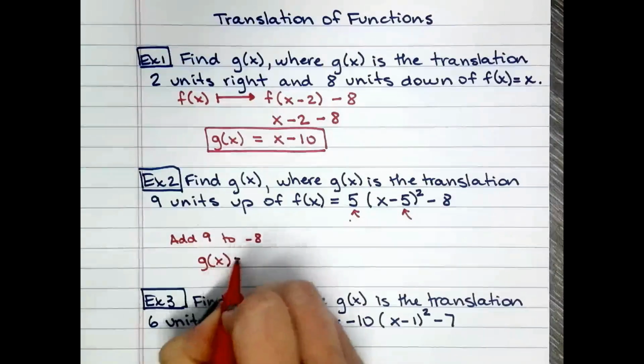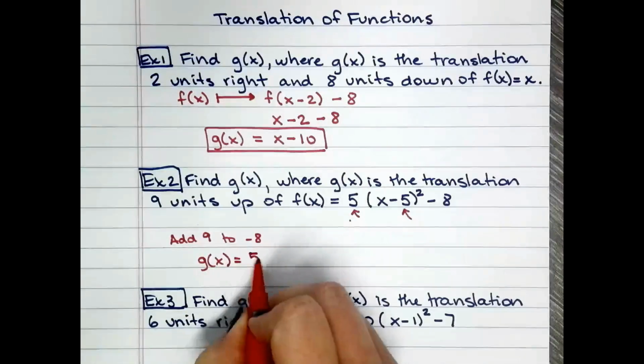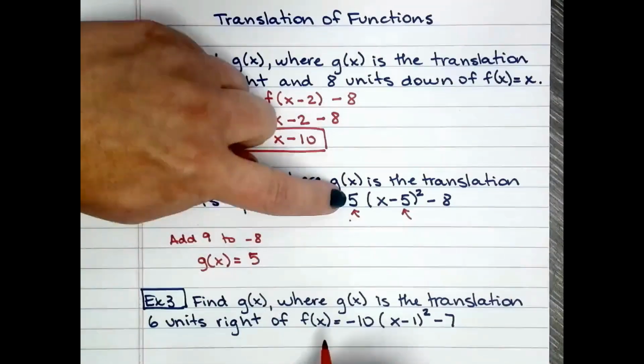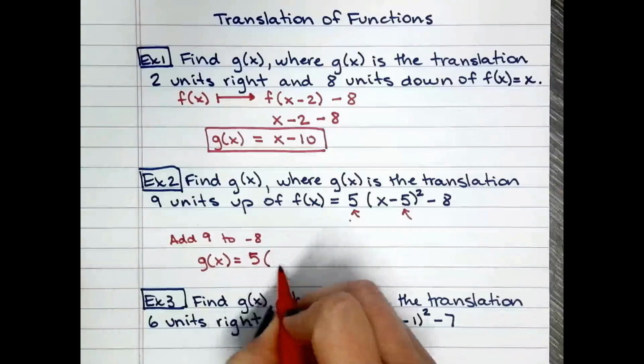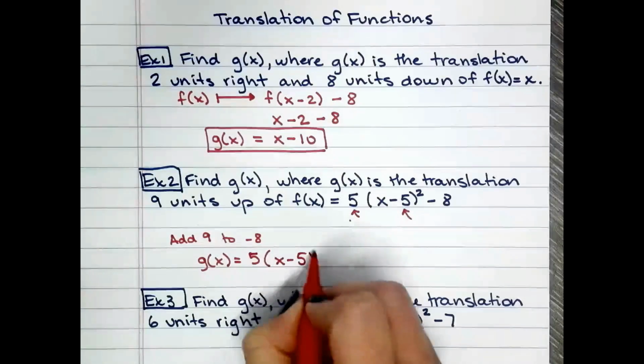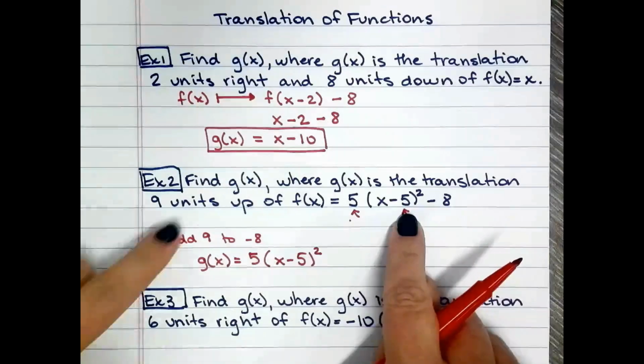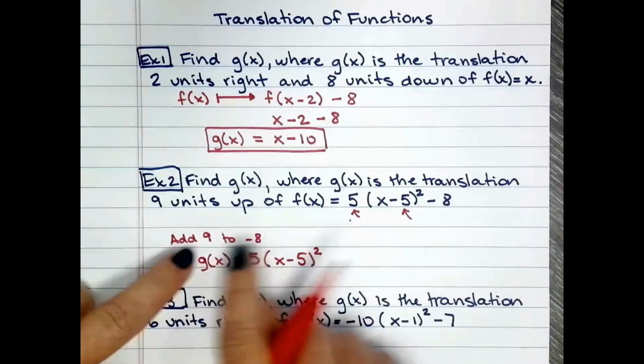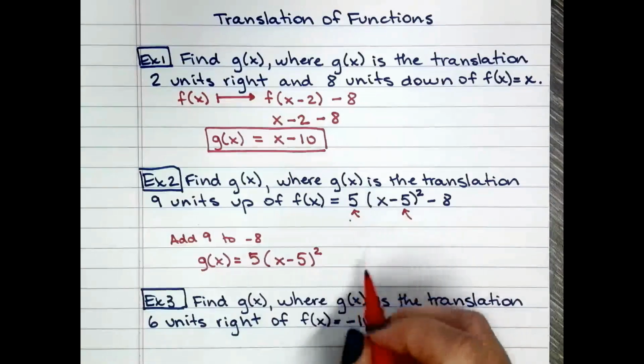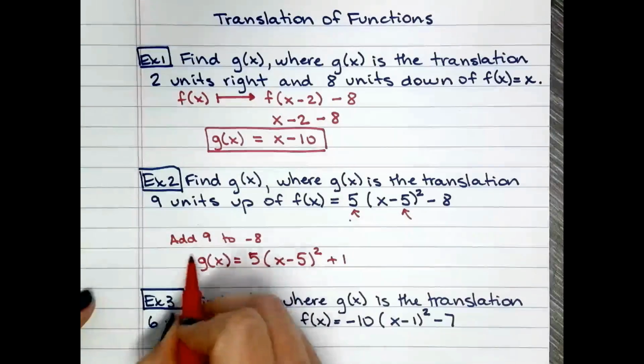So g of x, 5, that's the vertical stretch. That doesn't change. Leave it alone. So x minus 5 squared. That doesn't change either because we're not translating left and right. We're only translating up. So add 9 to negative 8. I have plus 1.